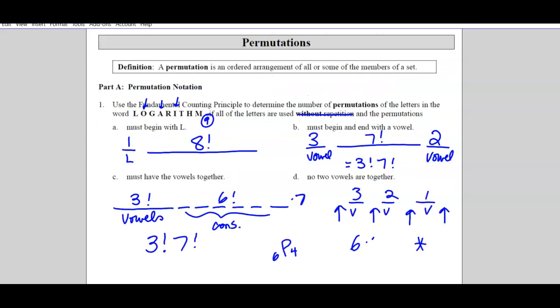This one? Yeah. So now, no 2 vowels together. Okay. Right, so I put, what was the word? Logarithm. Yeah, so I put the vowel, so let's just hopefully use pencil. Let's just erase that. Put the consonants. So 1, 2, 3. So we got 1, 2, 3, 4, 5, 6.